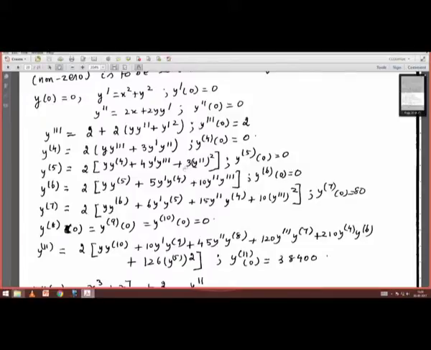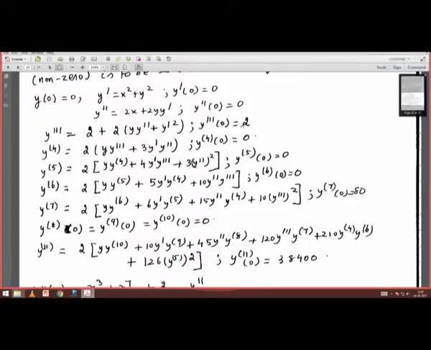We compute y double prime, and that evaluated at 0 also turns out to be 0. So, terms up to order x square all vanish. So, we go to the Taylor series method of order 3 and compute y triple prime 0, that turns out to be non-zero. So, this is the first non-zero term in the Taylor expansion.